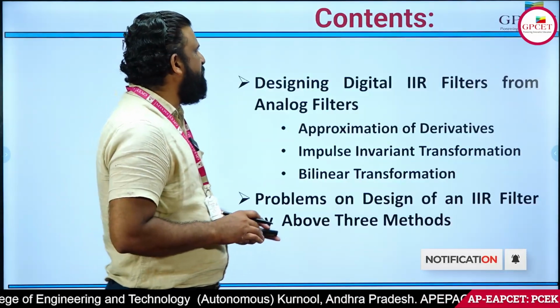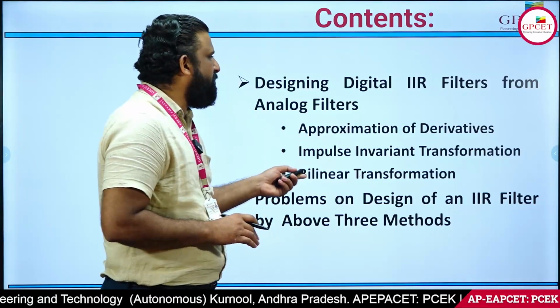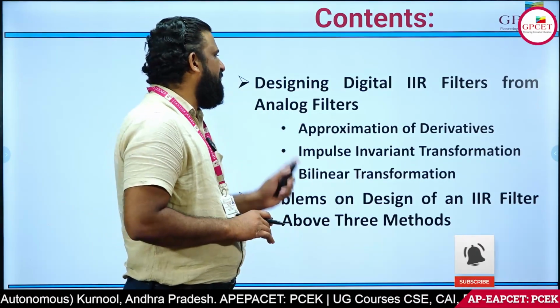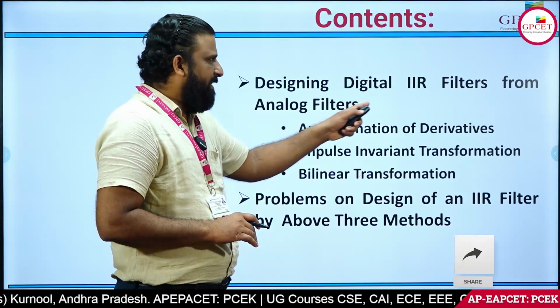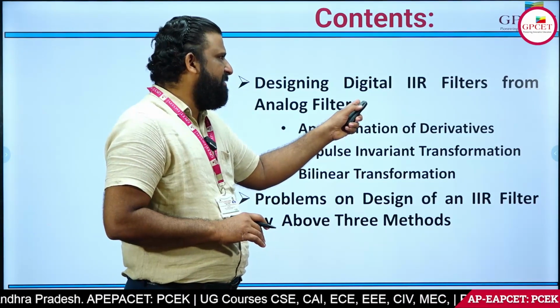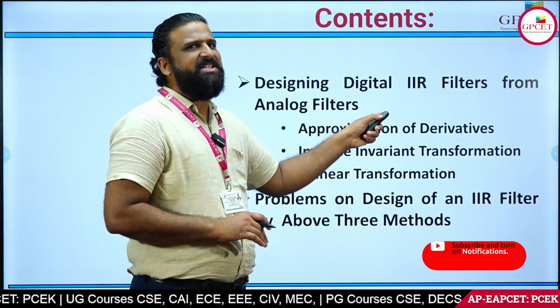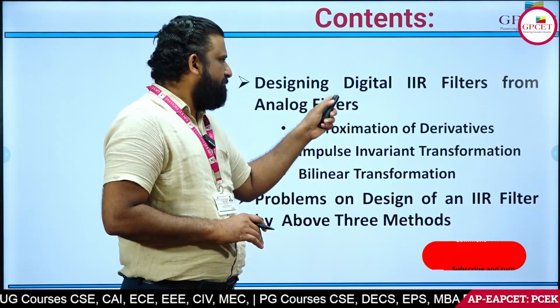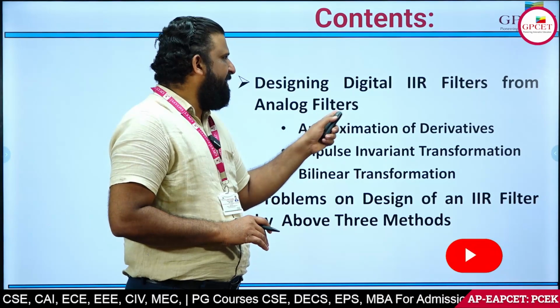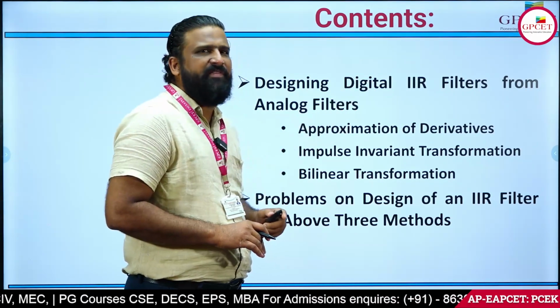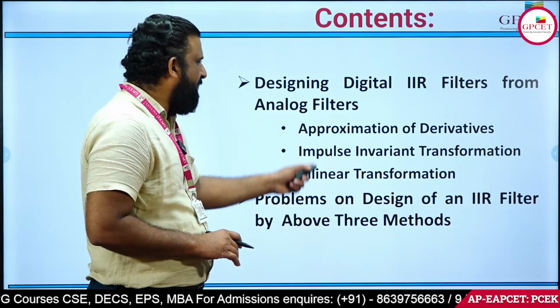The contents that I am going to discuss in this lecture: how we are going to design digital IIR filters from analog filters, where we have seen the transfer function H of S of the analog filters. Now we are converting this transfer function H of S of analog filters into digital filters by these three techniques.